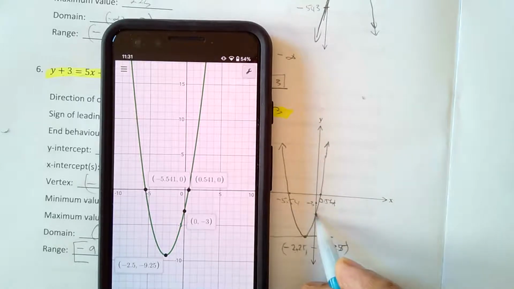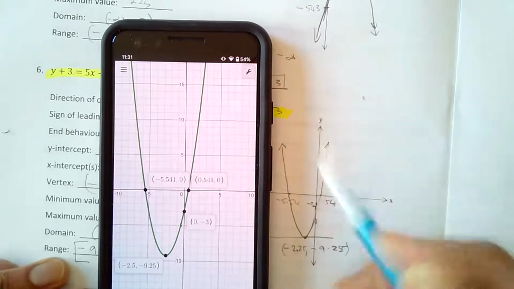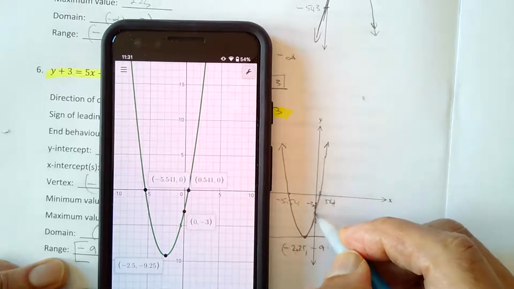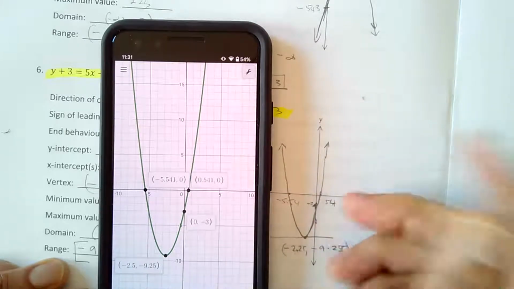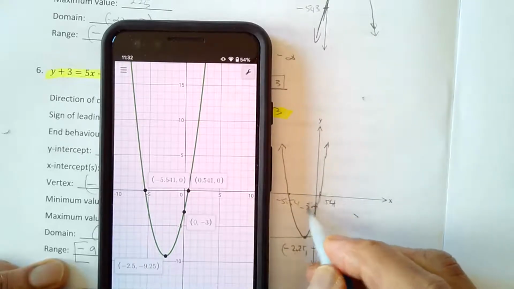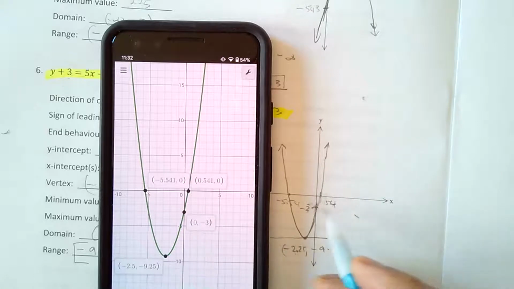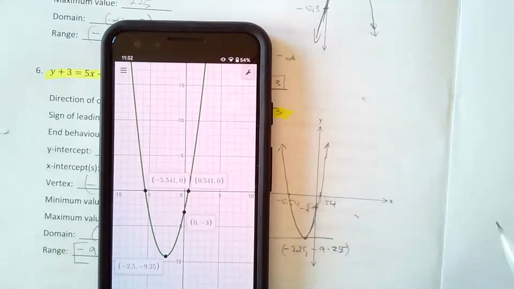And our y-intercept should be somewhere here, 0, negative 3.